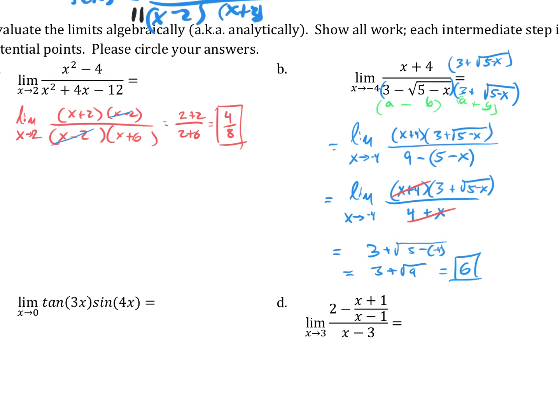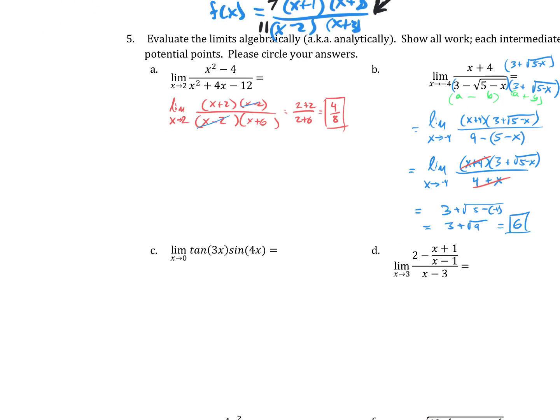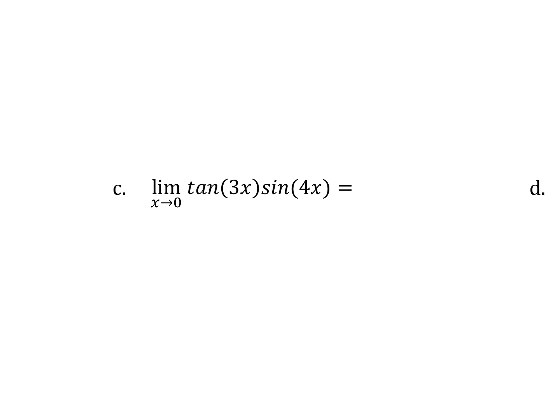All right, we can factor. We can get rid of that radical by multiplying by the conjugate. What about this thing? Ooh, sine and cosine. Well, we can rewrite it. Let's get it into sines and cosines. So we've got tangent. Remember from pre-calc that tangent is sine over cosine? Hope so.